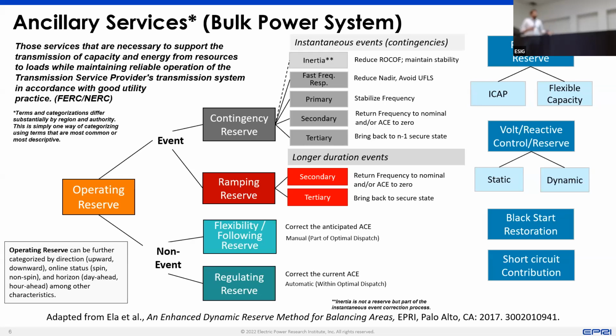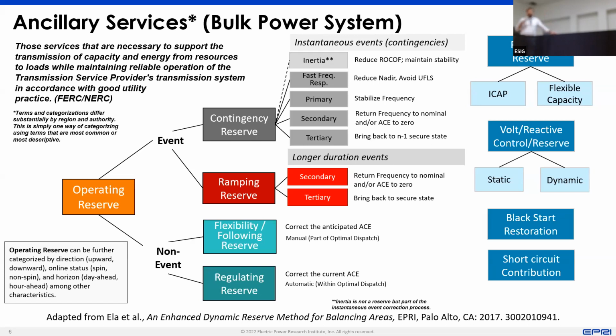I think we're all familiar with operating reserve and the many different types of operating reserve as you look at those branching off from left to right. And on the other side, you have all these other types of grid services, mostly focused on the bulk system, that are also very important and are supplied by various supply resources.